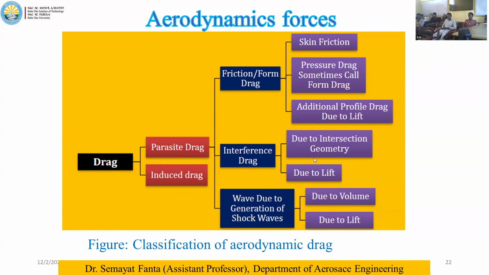And interference drag is due to interference geometry, because when we are attaching the wing with the fuselage, at the point where they are connected, a geometrical intersection happens. That intersection causes a drag also. That is called interference drag. Again, wave drag is also among them.